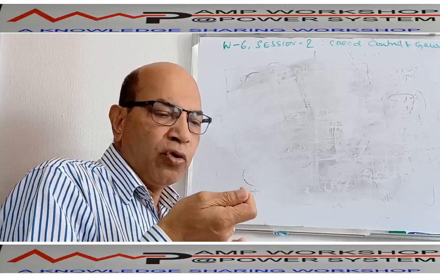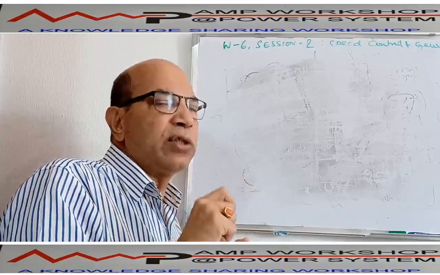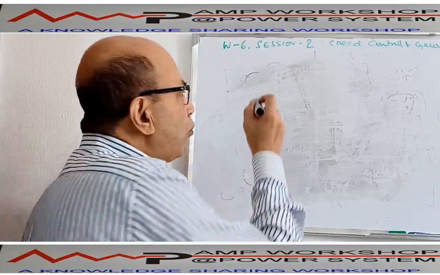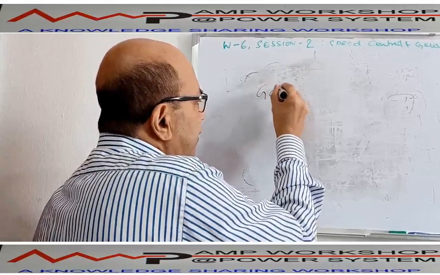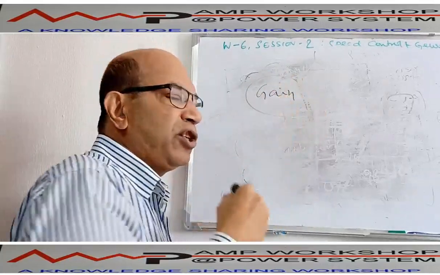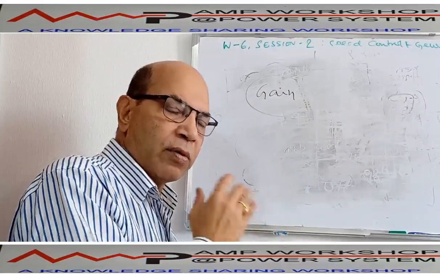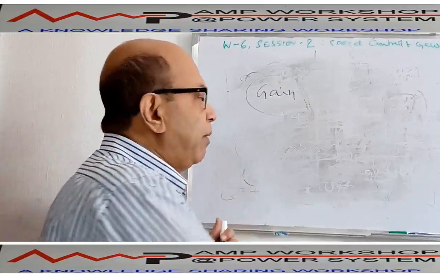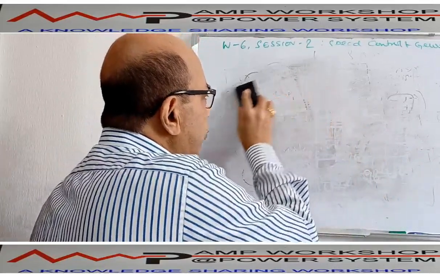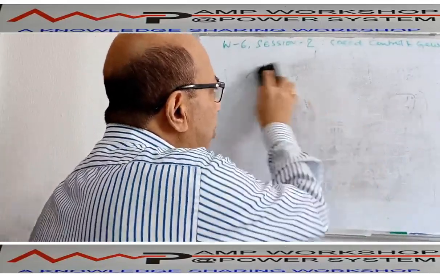In that case, we have to increase the stability or reduce the gain. So there is a setting we call the gain setting. By adjusting the gain setting, we can make the machine more stable. It is available in the governor. Then the next setting available on the governor is that we can control the governor remotely also.